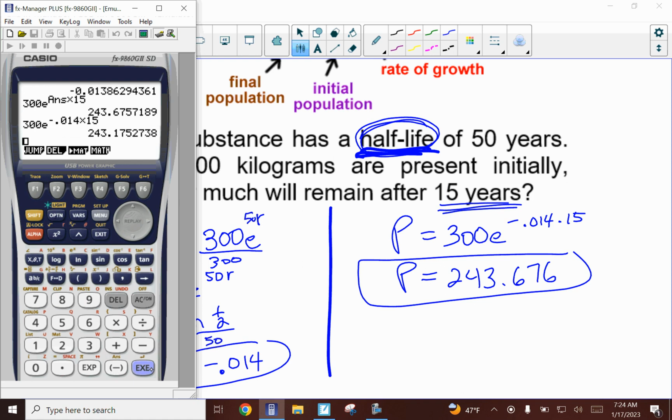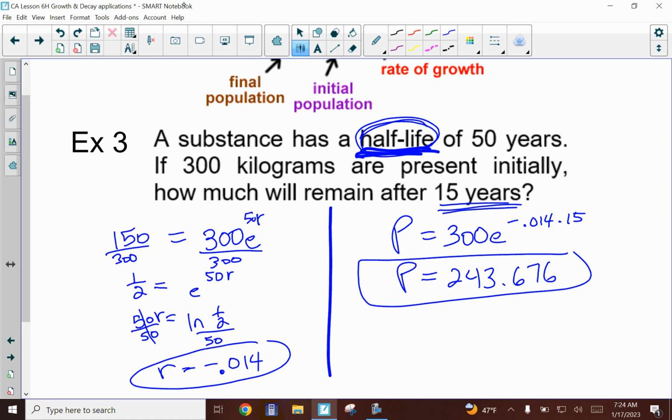So just so you can compare, it's very, very slight. You can see it's 0.6, and over here changes to 0.1. So the more numbers you use, the better answer you get. I'll probably have both on my answer key when we take the test. I know for the answer key on the assignment, though, I did not use the ANS button. So you could do it either way. And that is how you do exponential growth and decay.